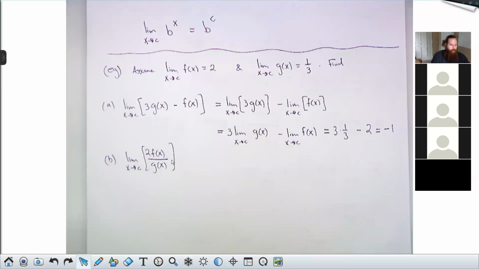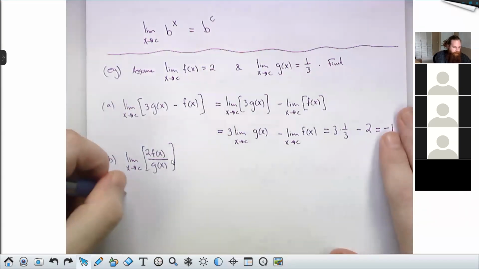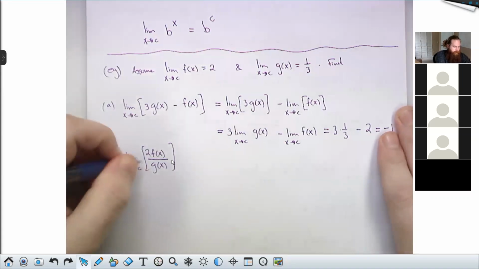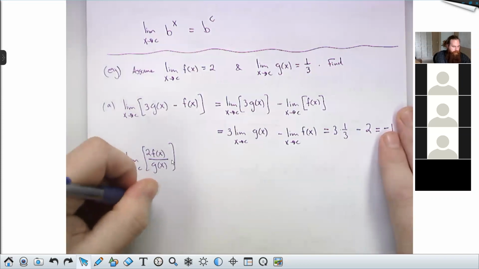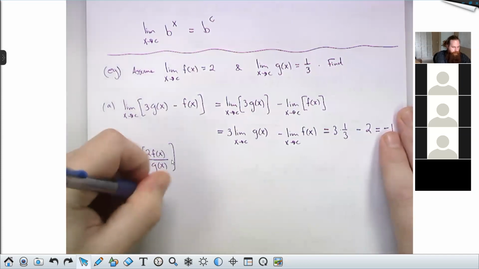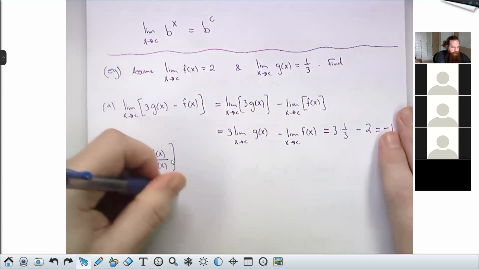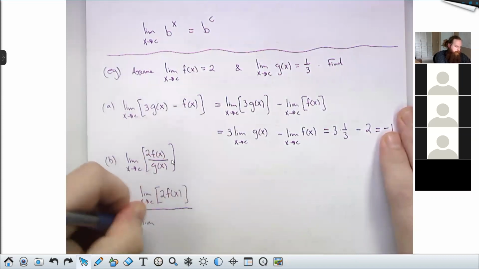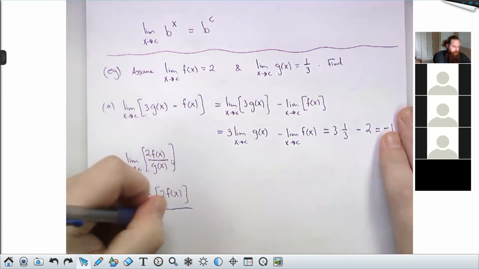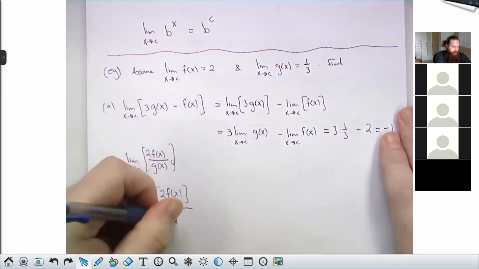Good, yeah, and the second one will follow similarly. I'm going to give myself a little bit of space, so I'll come down here. I would say that I can split this up over the division. So this is the limit as x approaches c of the numerator, which is 2 times f of x, divided by the limit as x approaches c of g of x.